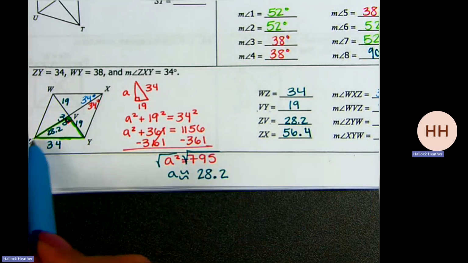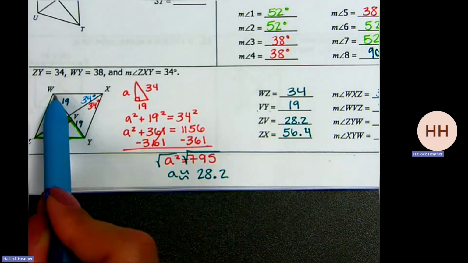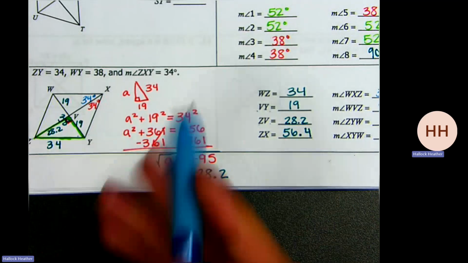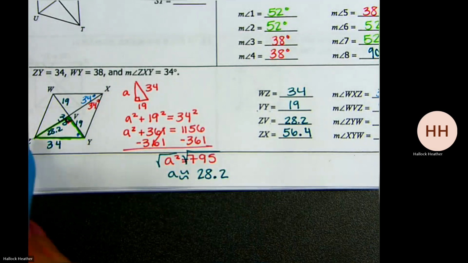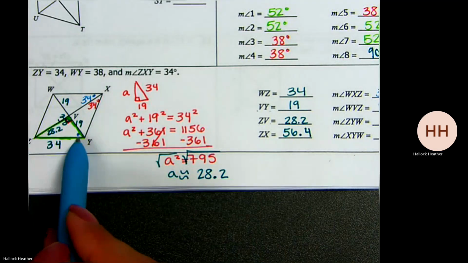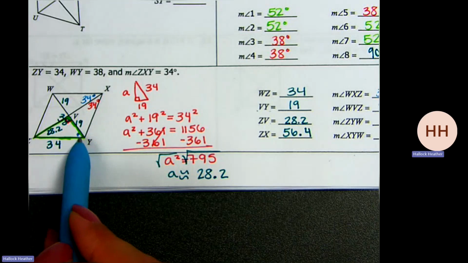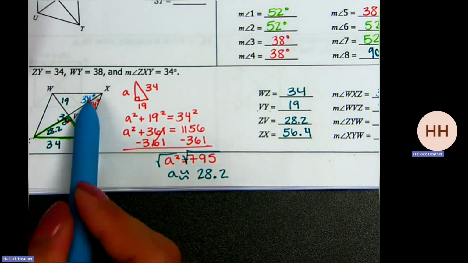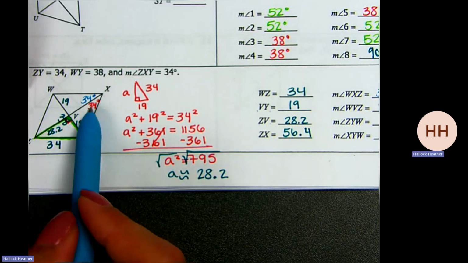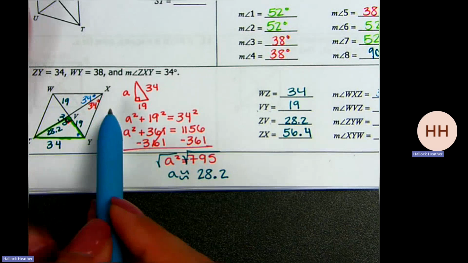ZYW, if I start at Z, I go to Y, I go to W, I'm talking about this angle right here. I don't know anything over here, but if I know that this is 34 and this is 34, think about it.